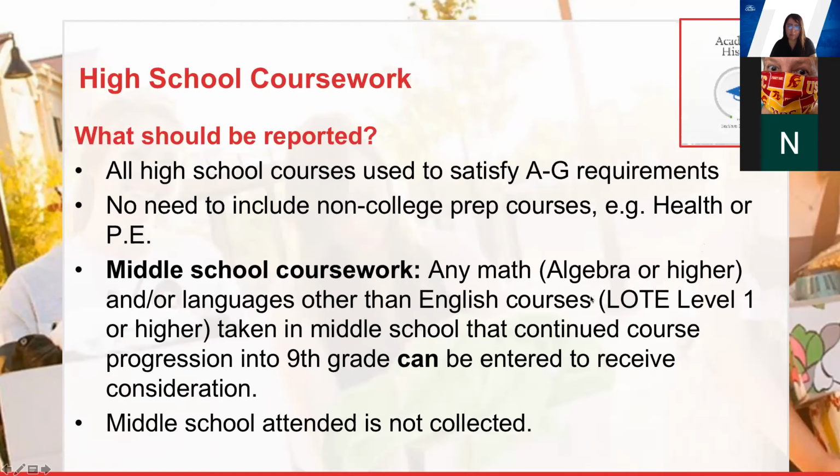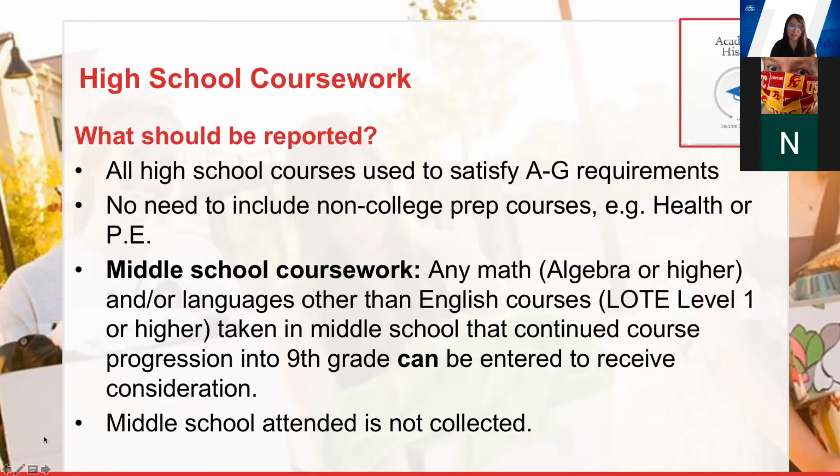However, let's say for example, in middle school, you took geometry in your 8th grade, right? And your freshman year, you took algebra 2. Certainly we would want to know that in middle school, in 8th grade, you took geometry. Or let's say, for example, in middle school, you took a year of Spanish, right? Certainly we'd want to know that information.